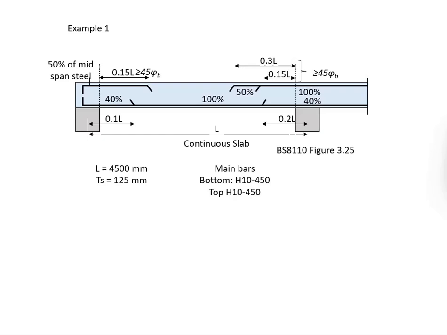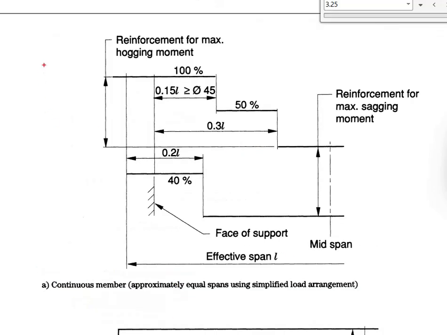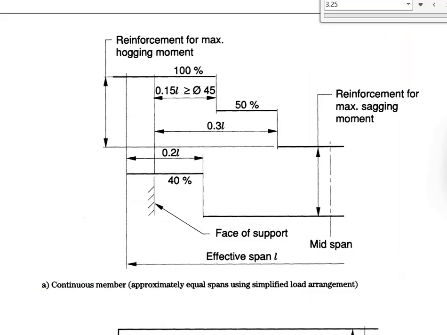Now before we talk about this example, something that you ought to know, there are two simplified rules for continuous slab. The first one you can obtain from British Standard 8110, figure 3.25. The simplified rules for the curtailments of reinforcement bar in the continuous slab is illustrated here.